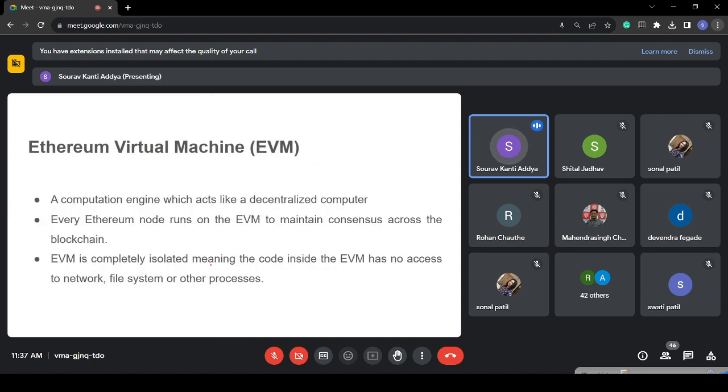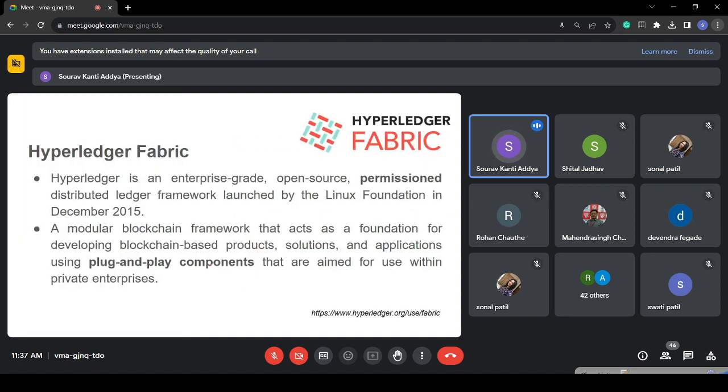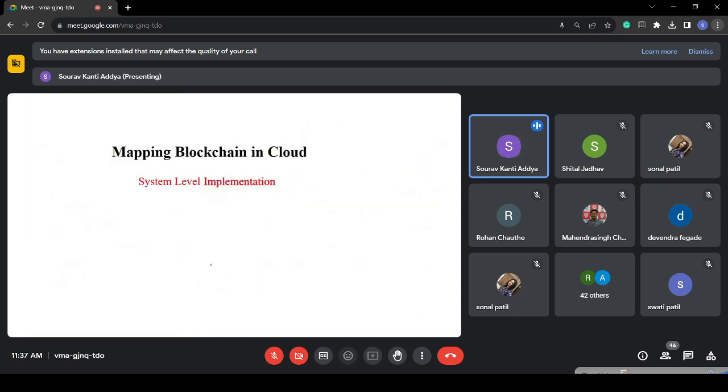So I will not go in depth; you can Google it. My objective today is to see how this concept of blockchain can be implemented in the cloud. That was our objective for today's talk.